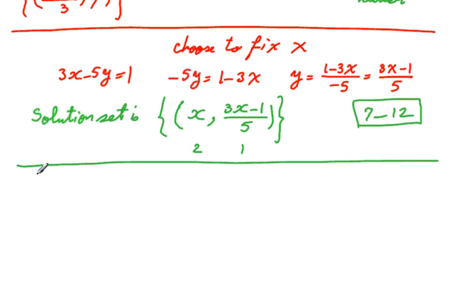Say problem 9. It says 7x plus 14y minus 3z is equal to minus 7. Here's one equation with how many variables? 3. Well, how many of them can you choose freely and get the other ones?